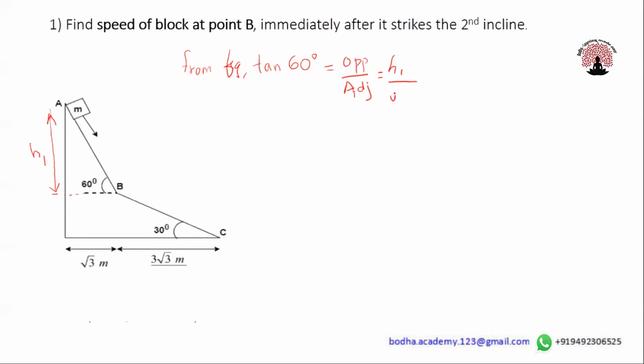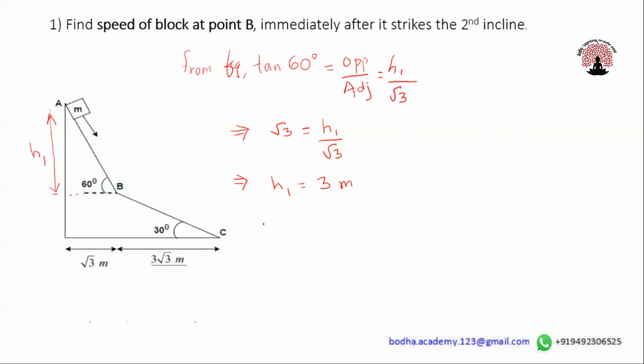We know that tan 60 degrees is equal to root 3. So we get root 3 is equal to h1 by root 3. By cross multiplication, h1 is equal to 3 meter, since root 3 into root 3 is 3 meter.